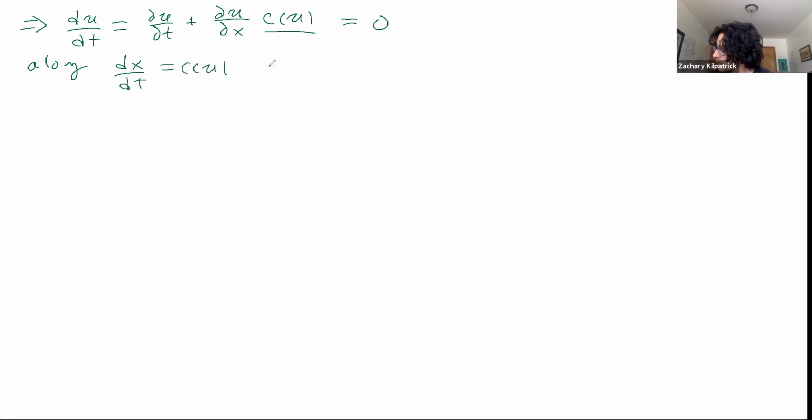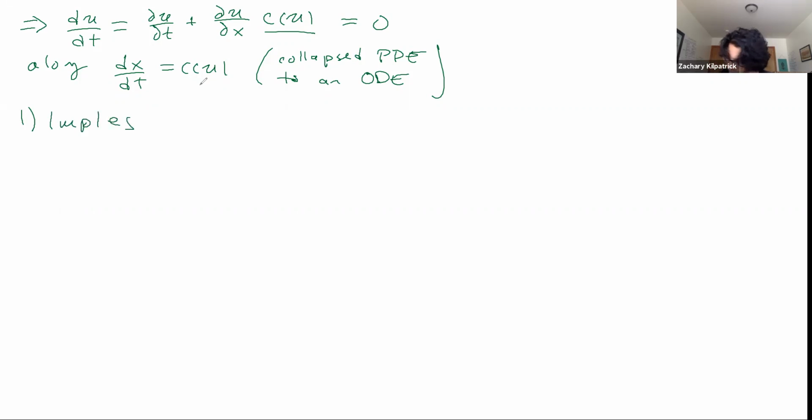Okay, and so essentially I've collapsed the PDE to an ODE in this case. So this helps because, for one, it's going to imply that u of x, t is equal to a constant, right?